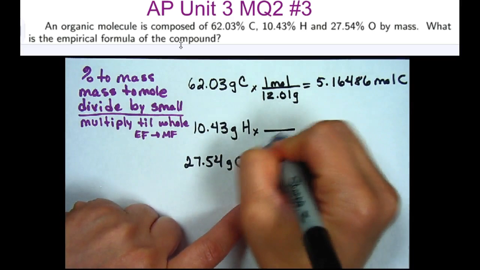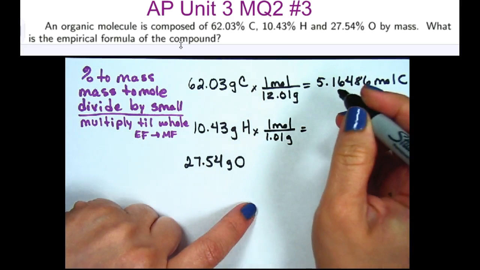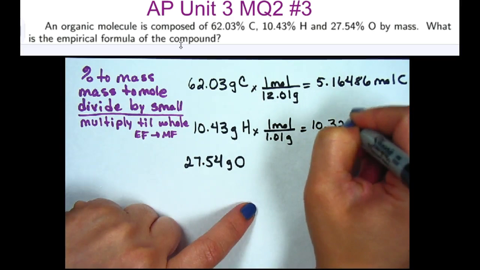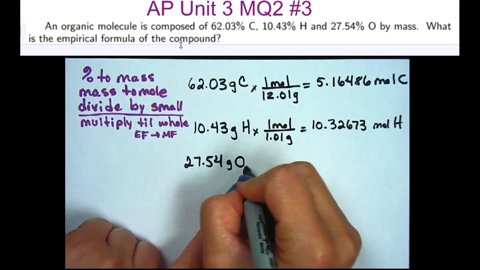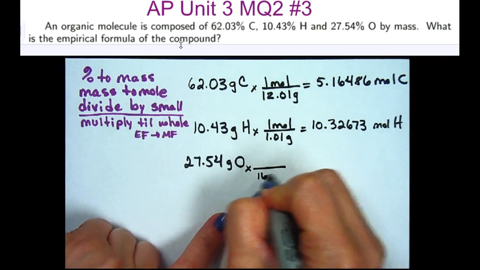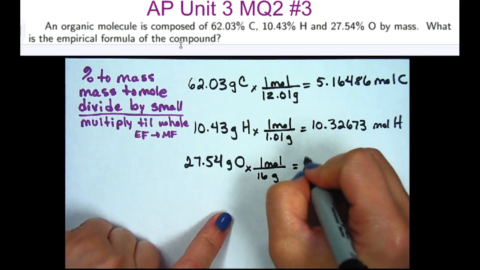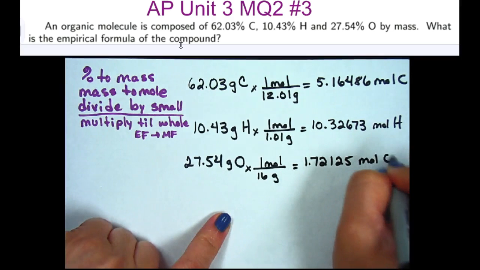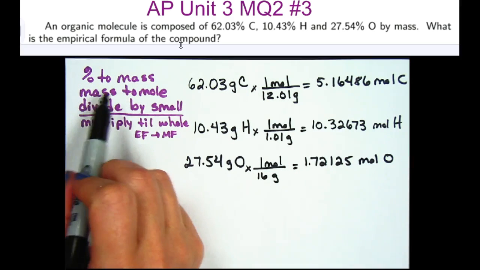This one, divide by 1.01 grams to convert to moles, and that'll give us 10.32673 moles of hydrogen. And finally, this will get divided by 16 grams, which converts it to moles. And so we have 1.72125 moles of oxygen. So now we've converted each mass into moles.